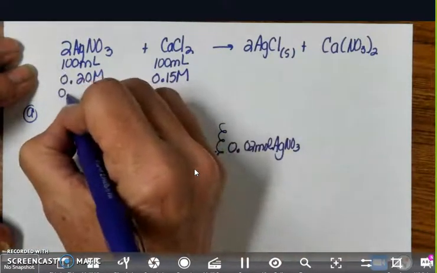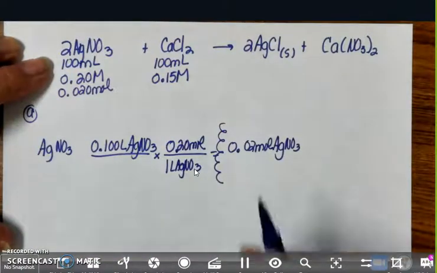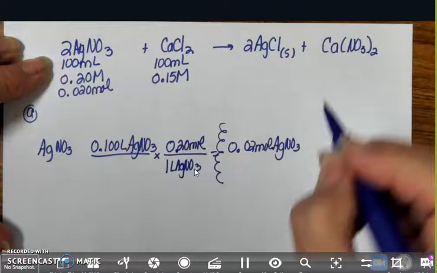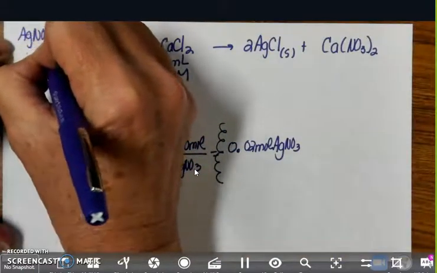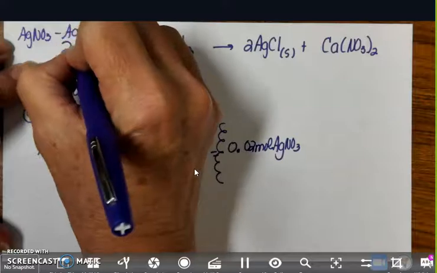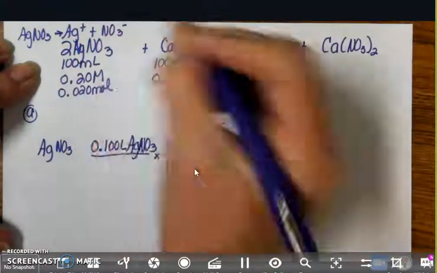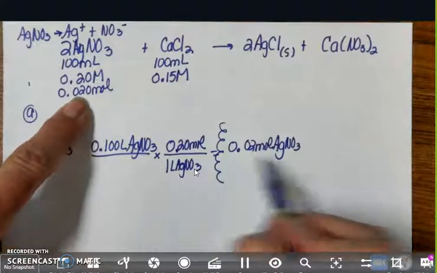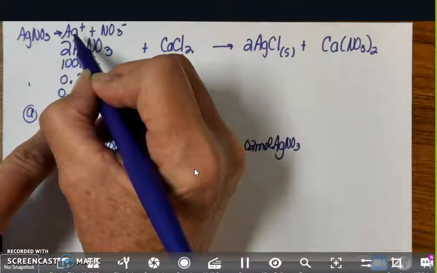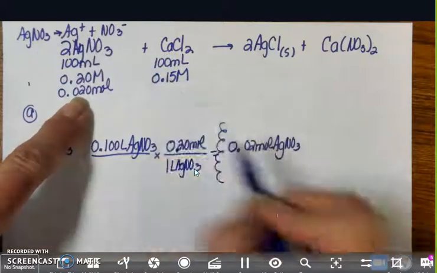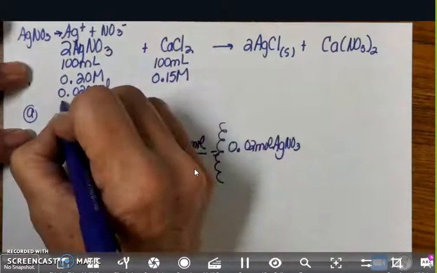Now, once I have this, I have more information as well. I have 0.020 mole of this, right? And if I know that silver nitrate goes to 1 silver and 1 nitrate, if I have 0.02 moles of that, how many moles of silver ions am I going to have? 0.02.